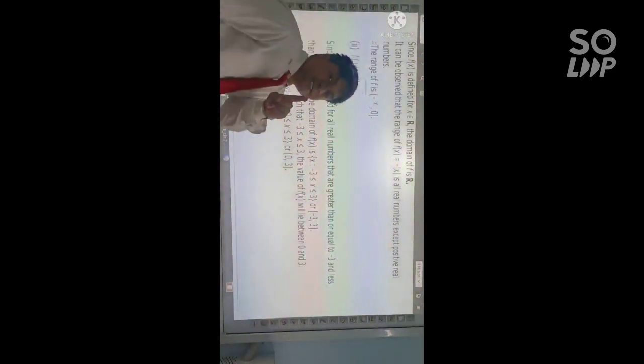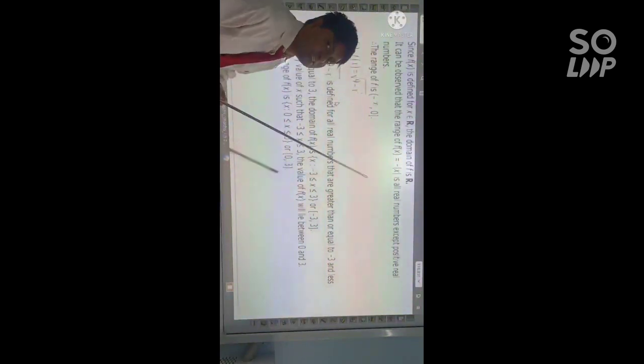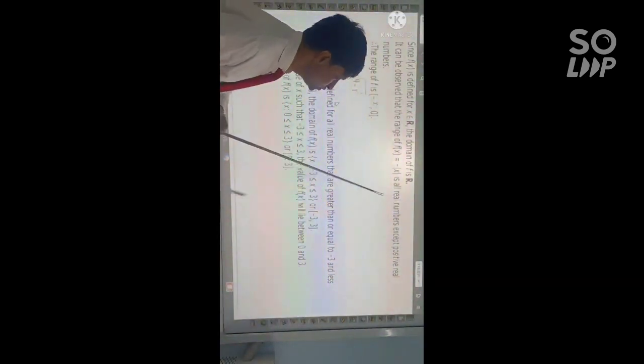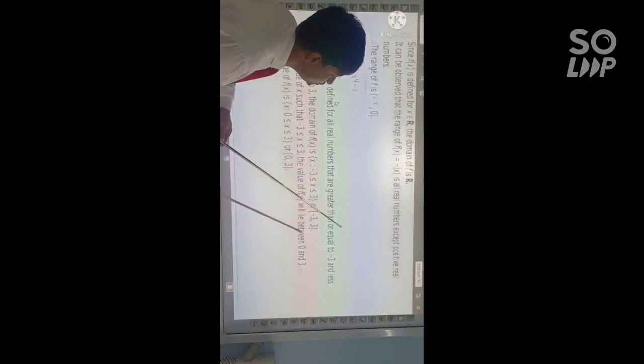For 2, 9 minus 4 is equal to 5. This is a real number. So f of x is defined for x from minus 3 to 3. When we put the value x, we say that this is the domain. So the domain is minus 3 to 3.